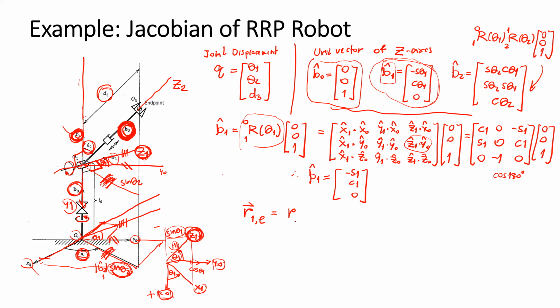Maybe we may need 3. Let's see this equation first. If we need to obtain the relative position vector from frame 1 to the end effector, it needs to be from frame 0 to the end effector overall, subtracted by the relative position vector from frame 0 to frame 1. Does that make sense?